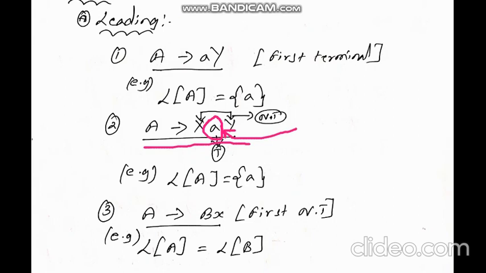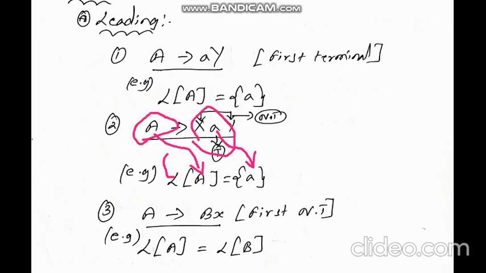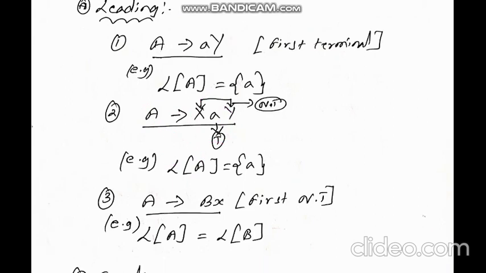If you find anything like this, then leading of capital A is equal to small a. We check and find only the terminal in the right hand side, and on the left hand side you take only the non-terminal, as I already told you. So what does the third rule say here? You can check it over here.